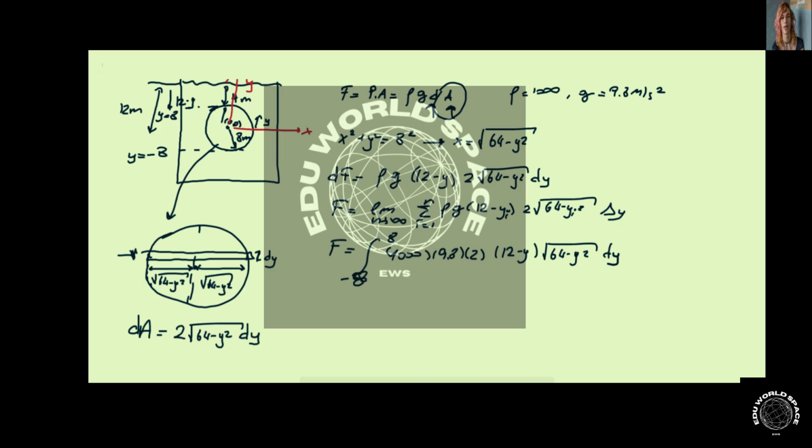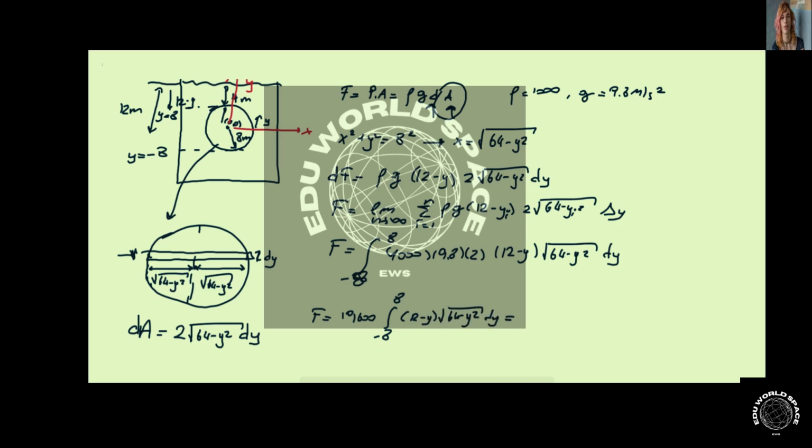We can write this as 19,600 times the integral from negative 8 to 8 of (12 minus y) times the square root of 64 minus y squared dy.